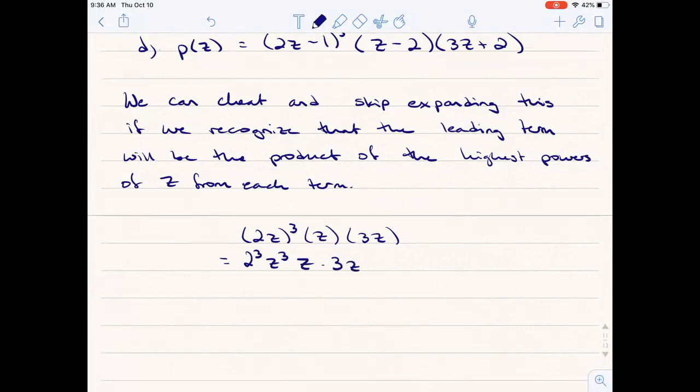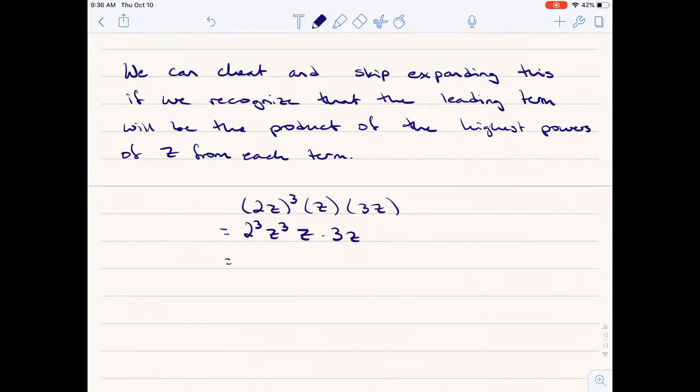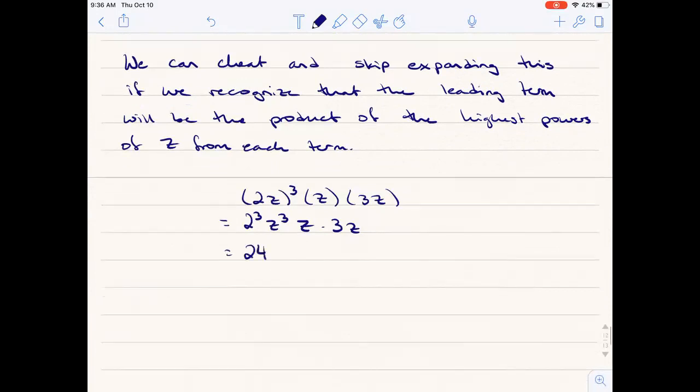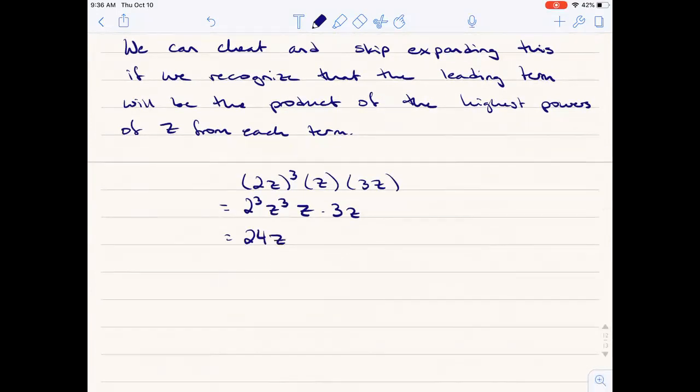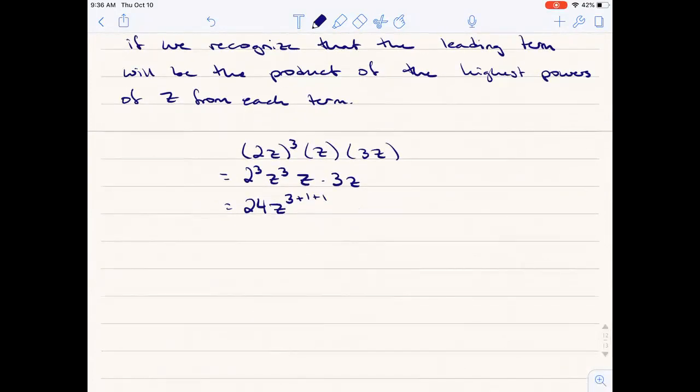So we get, well, we know 2 to the power of 3 is 8 times 3 is 24, and then z to the power of 3 plus 1 plus 1, we get 24 times z to the power of 5. And just for fun, you could go through and you could expand that whole thing.